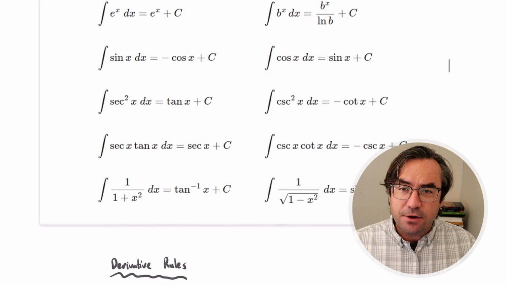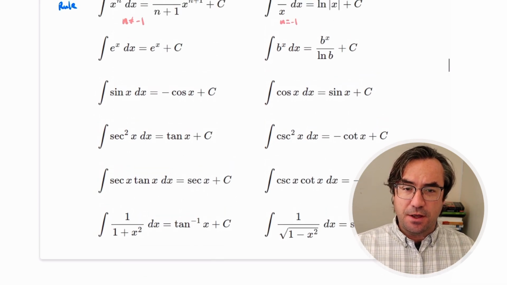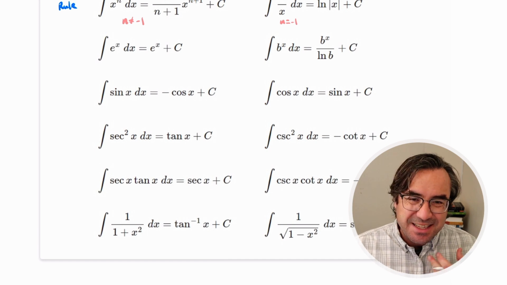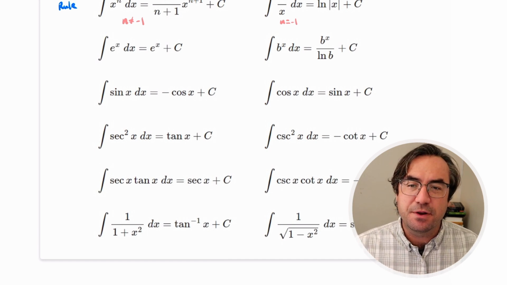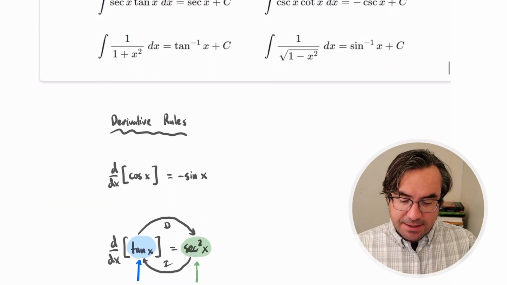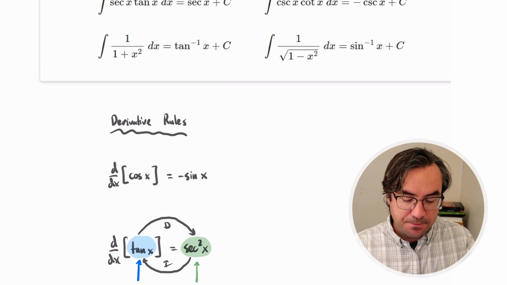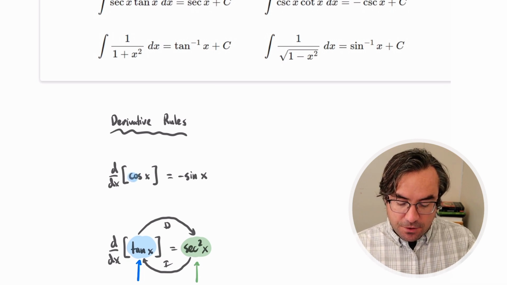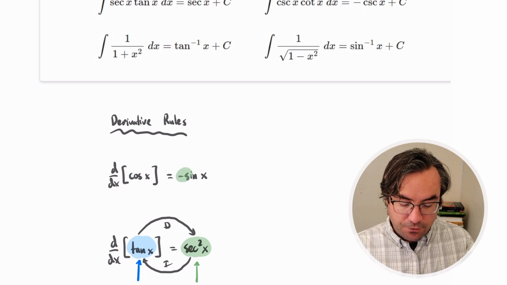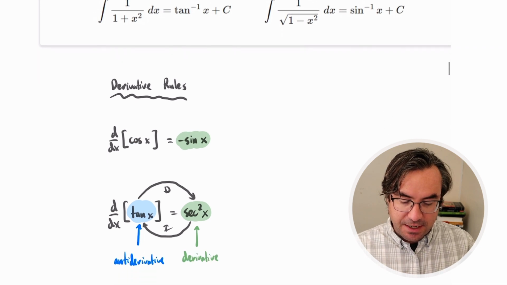And that goes for all these other ones here to memorize as well. We've kind of done these with our derivative rules. Now we're just working backwards. So if we look at, say, cosine, the derivative of cosine is negative sine.